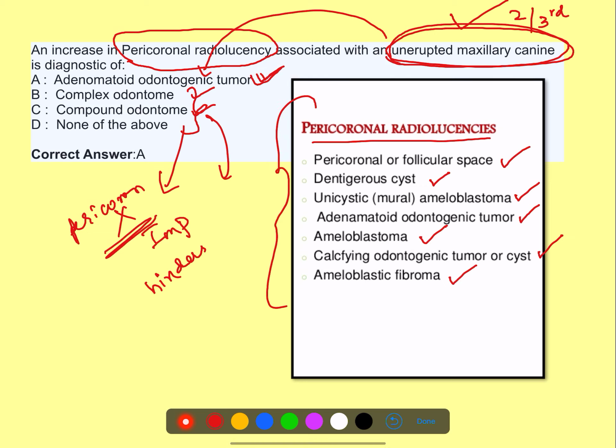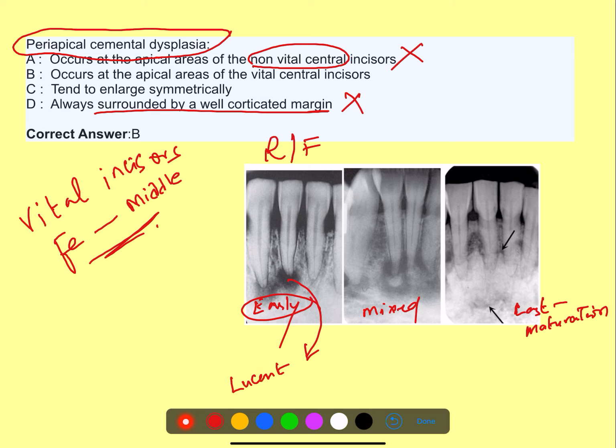But if you go into the radiographic features, there are 3 stages. First one is the early stage, second one is the mixed stage, third one is the last stage, which is the maturation stage. In the early stage, the radiographic appearance is lucent in the apical region, whereas in the mixed stage, a radio opacity is present in the center of the radiolucent area.